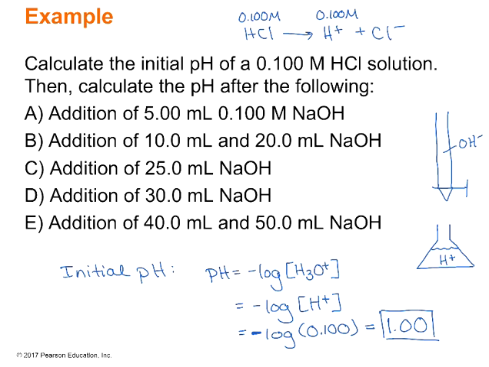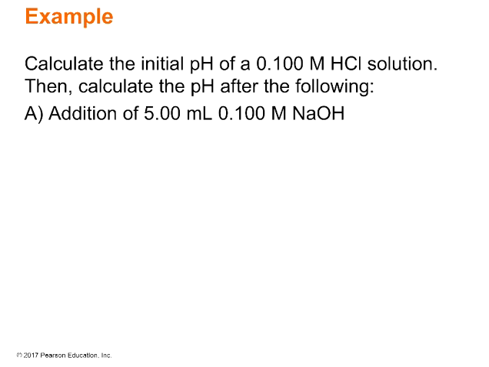So now let's calculate the pH after we add 5 milliliters of 0.1 molar sodium hydroxide. Now remember, sodium hydroxide is a strong base, so it's going to completely dissociate into sodium ions and hydroxide ions. So if we have a 0.1 molar solution of sodium hydroxide, that means we have 0.1 moles per liter of hydroxide ions after dissociation.